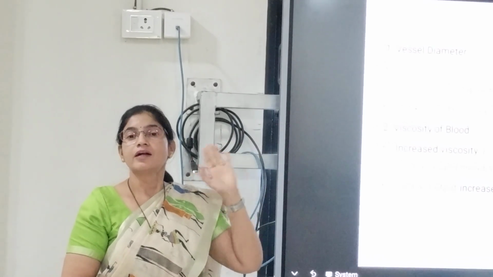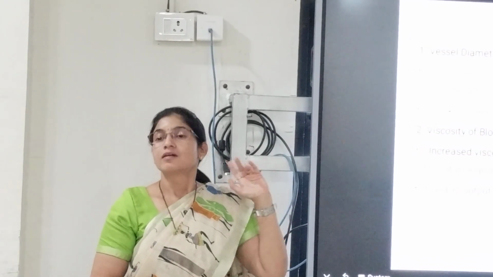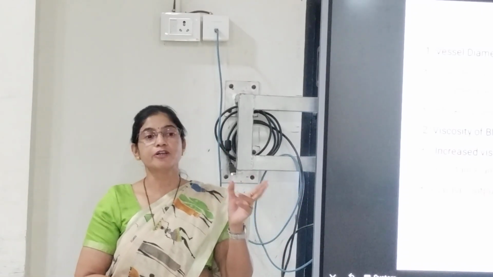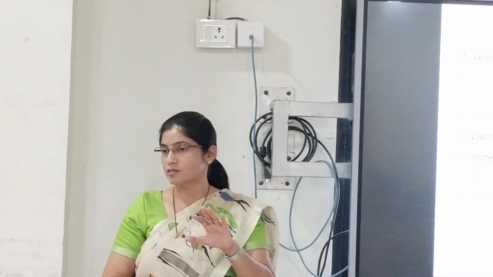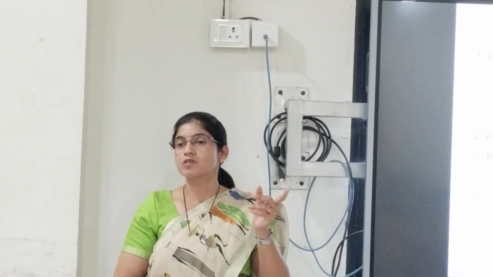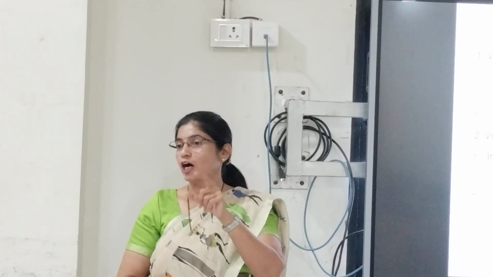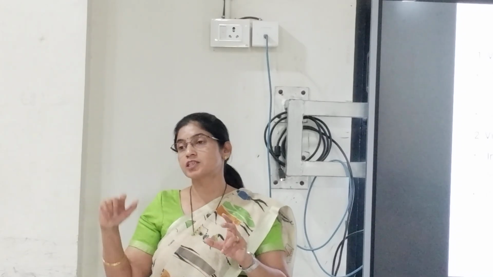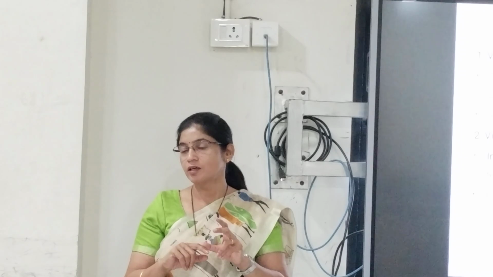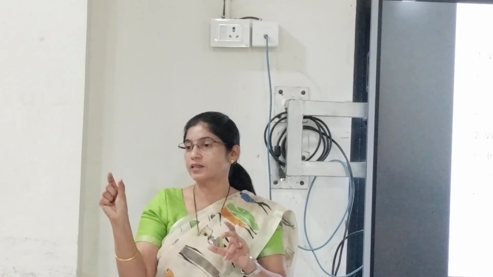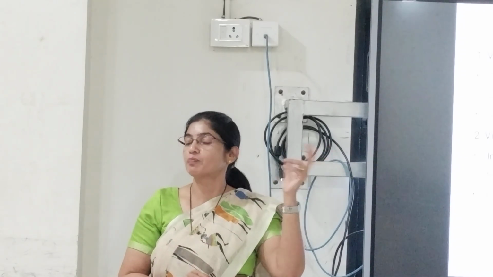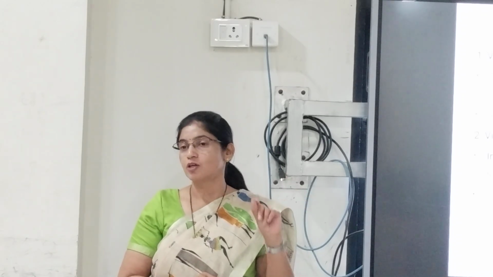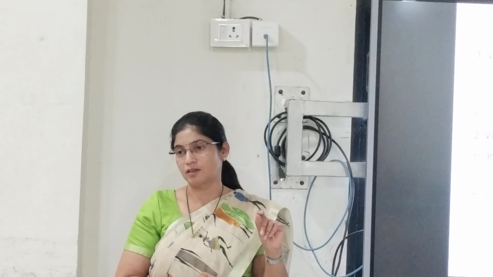Increase in the diameter decreases the peripheral resistance; decrease in the diameter increases the peripheral resistance. And the effect is to the fourth power. Suppose the diameter is doubled, the peripheral resistance will decrease 16 times. Or if the diameter is halved, the peripheral resistance will increase 16 times. So diameter is a very important factor for the peripheral resistance.